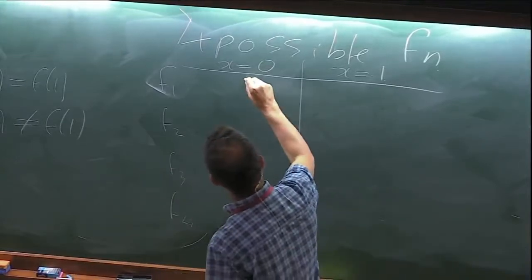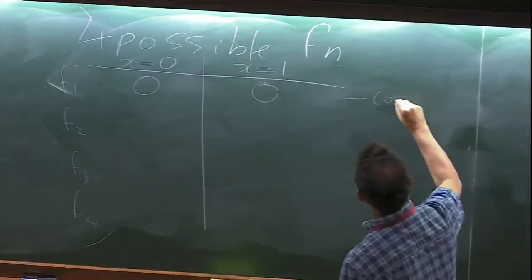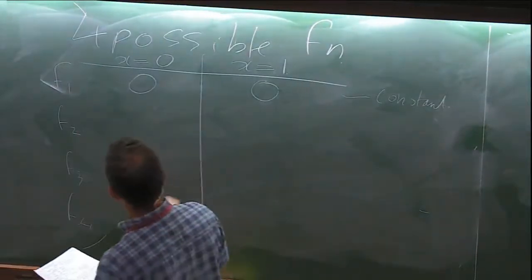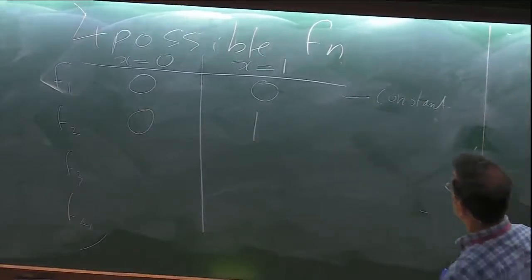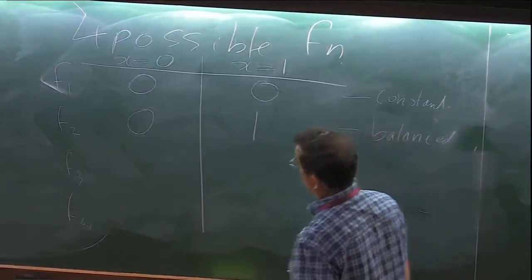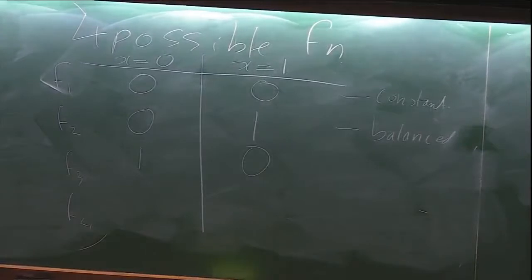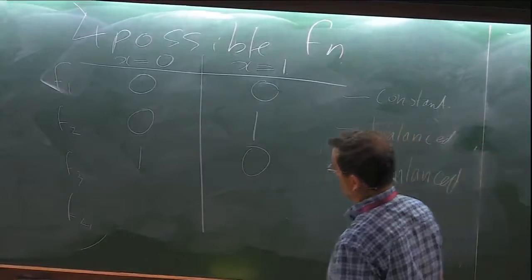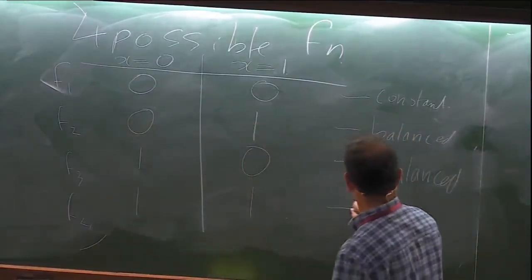So f1 will give 0 for both arguments. This is a constant function. f2, say, will give 0 if x equals 0 and 1 if x equals 1. This is not constant, this is balanced. Similarly, f3, which is 1 for x equals 0 and 0 for x equals 1, is also a balanced function. And f4 gives 1 for both arguments, and that's a constant.